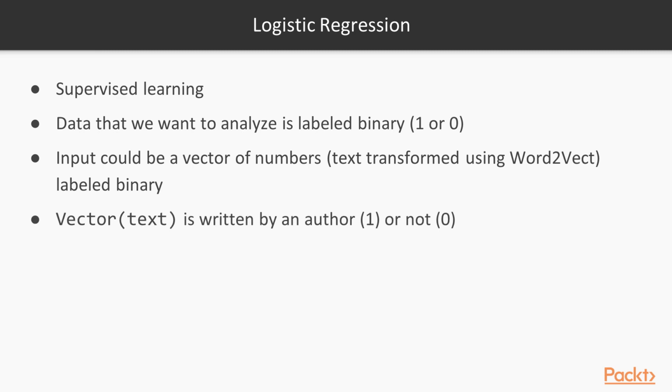So if we have a vector of numbers, text, we can label it by whether it was written by an author or not. If it was, we are labeling it with 1. If not, we are labeling it with 0. So this will be our task: to take features, label them properly, and pass them to logistic regression, and logistic regression will figure out everything else for us.